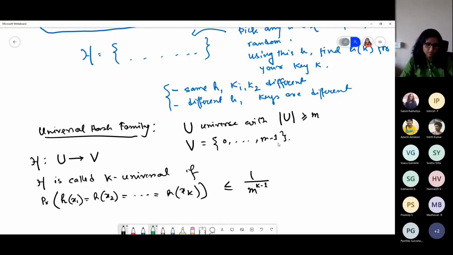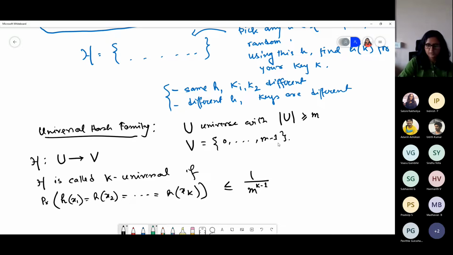So what does it mean? If you have different keys, then choosing two keys and taking some hashing function from the universe and mapping the hash key value, in that situation the probability of collision will be at max the total number of hash functions divided by total number of slots.